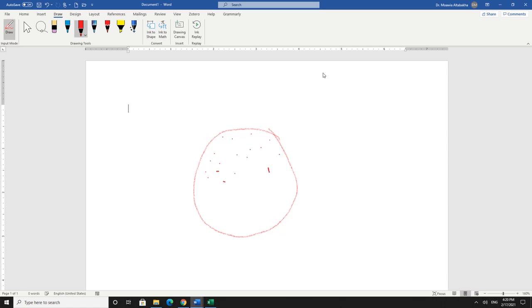Can you see the dots? This is my population. There are many. The population has inclusion and exclusion criteria. Now, from this population, I want to take a sample. Now, this sample should be representative.